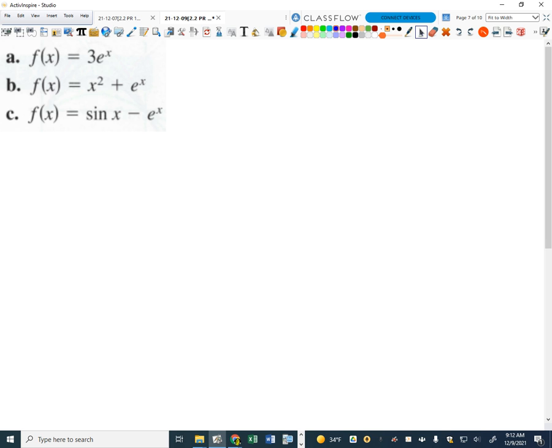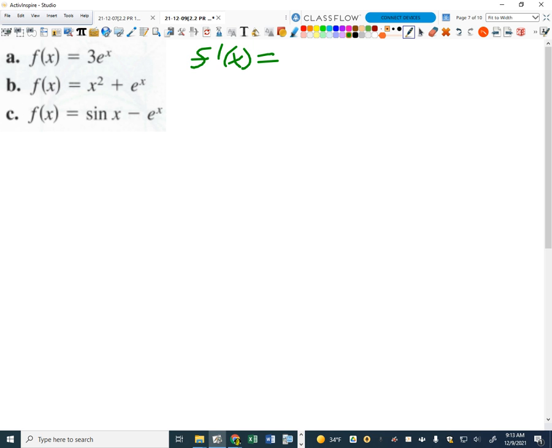Okay, so let's practice these a little bit, see if you can remember. So how about part A? f of x is 3e to the x. What is f prime of x going to be? 3e to the x, right? How come the 3? Well, because the 3 is a constant. So the 3, we just pull that out in front of the derivative.